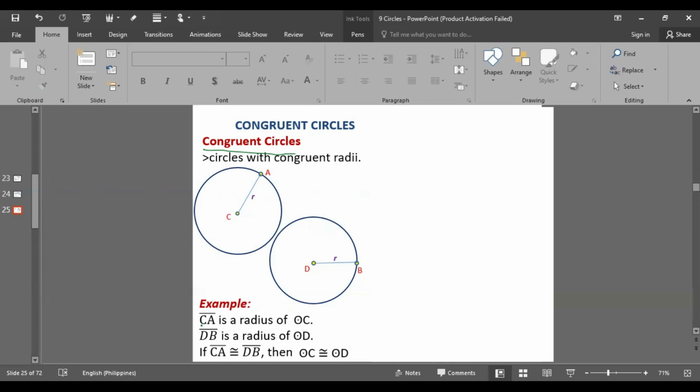Example, line segment CA is a radius of circle C, and line segment DB is a radius of circle D. If CA is congruent to DB, these are both radii, then circle C is congruent to circle D. So the underlying idea here is that the circles are congruent if they have the same radius. Okay, that's for congruent circles.